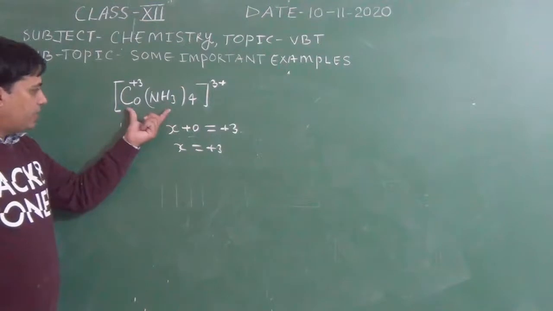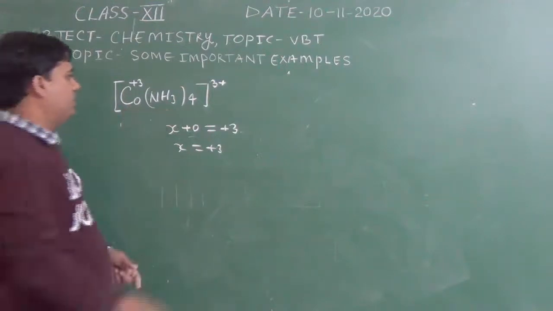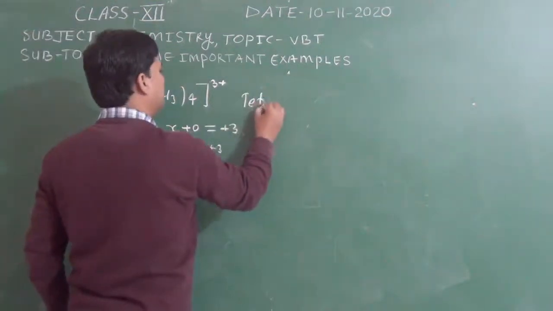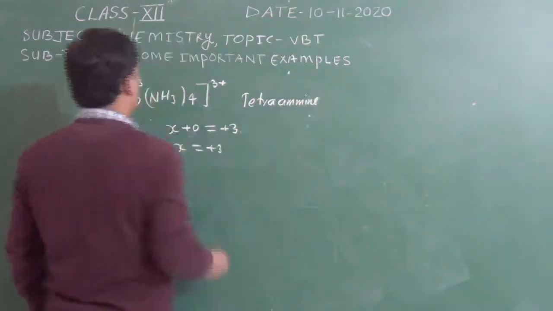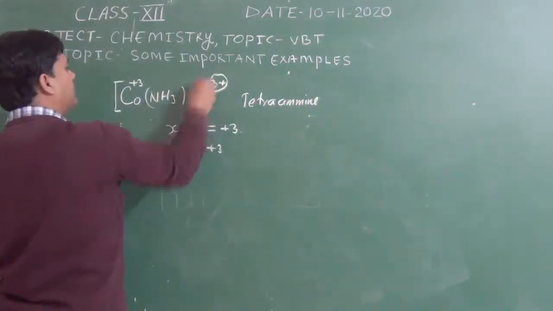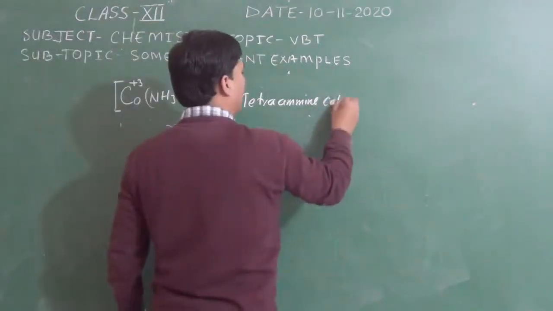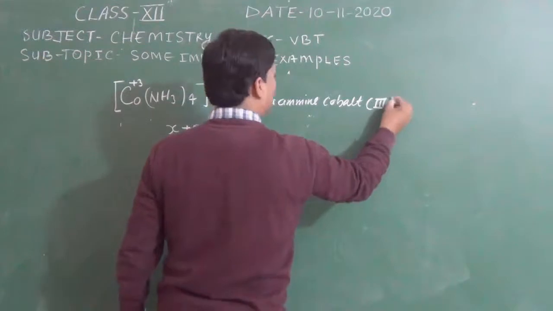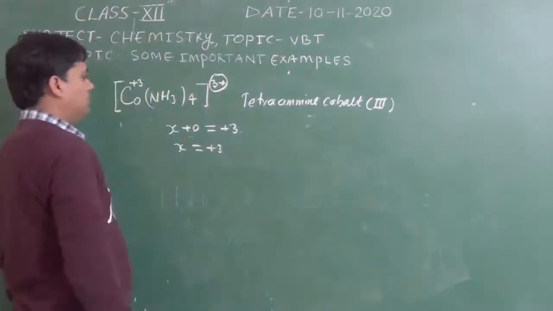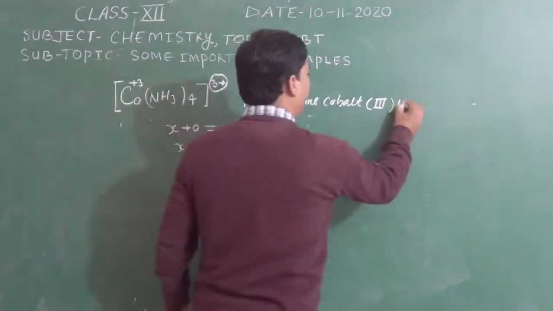Then you are required to write the name of this particular compound. This is hexaamminecobalt, because it contains a positive charge. Cobalt(III), because the oxidation number is 3, cobalt(III) ion.